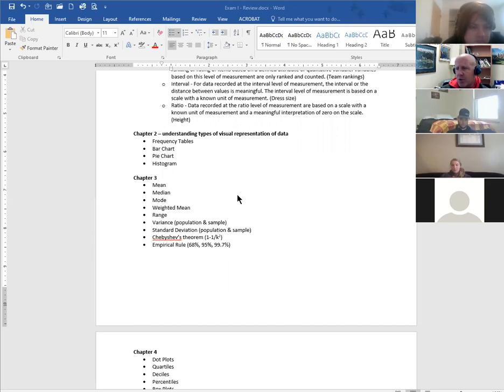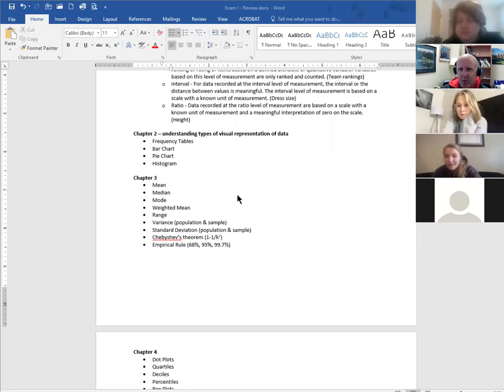Let me ask a question. What's the main stipulation with the empirical rule? What shape do the data have to have? Bell-shaped, right. They have to be symmetrical. So a nice shape.